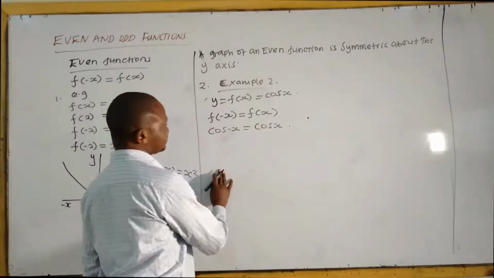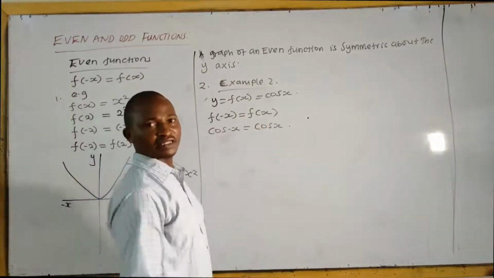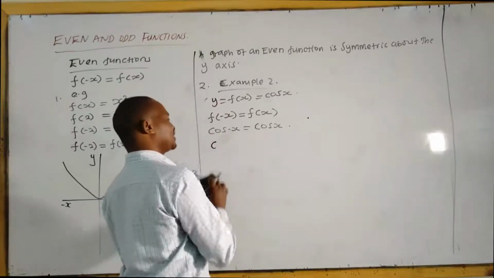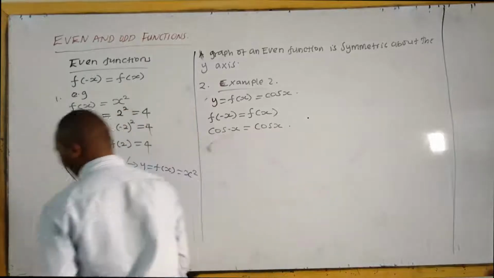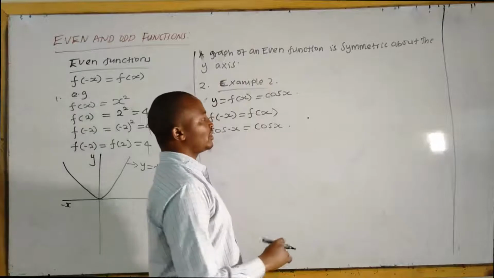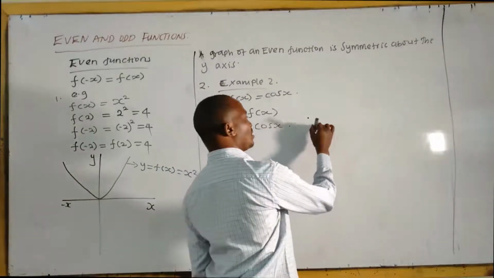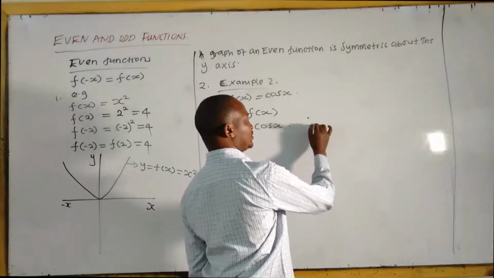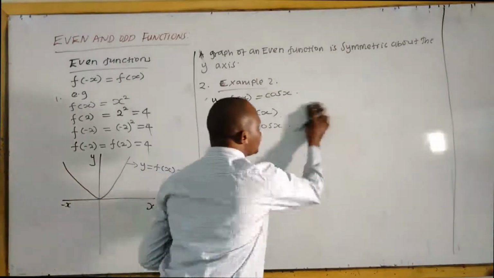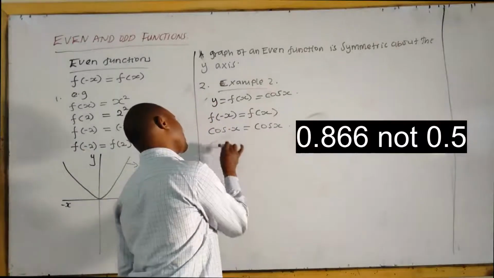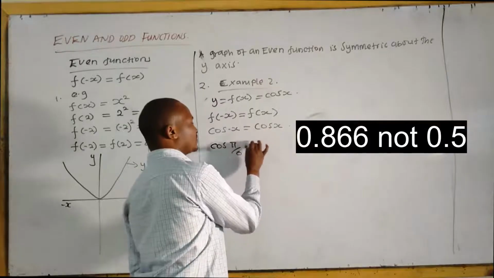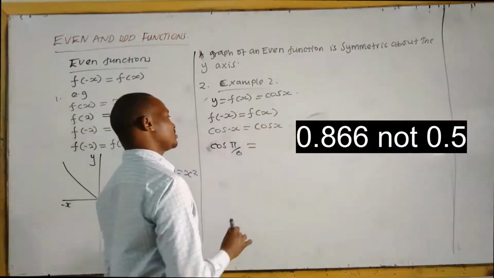If we say x is equal to, say, 60 degrees, which is pi over 3, or we take 30 degrees, pi over 6. Cosine of pi over 6 is equal to 0.5.